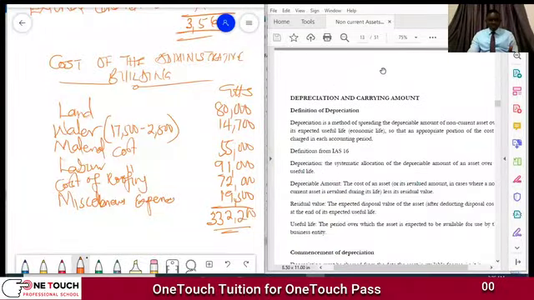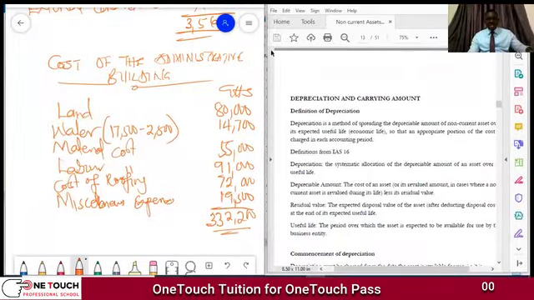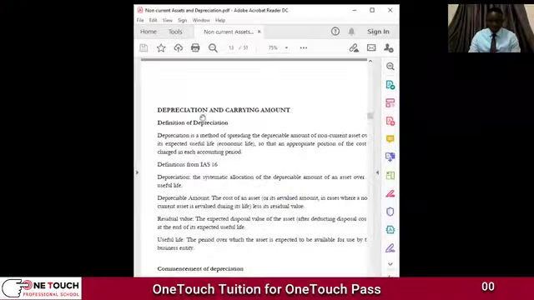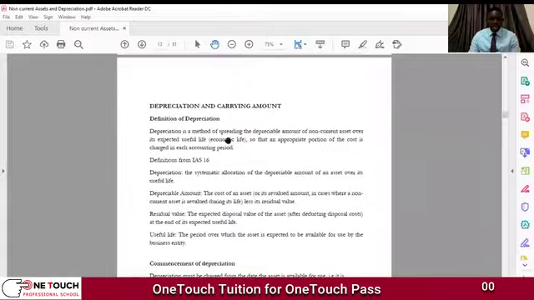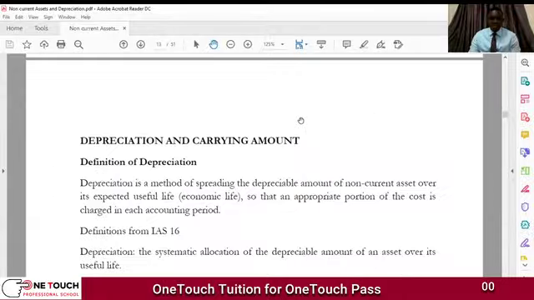Okay. So now let's quickly look at depreciation and carrying amounts. Good.